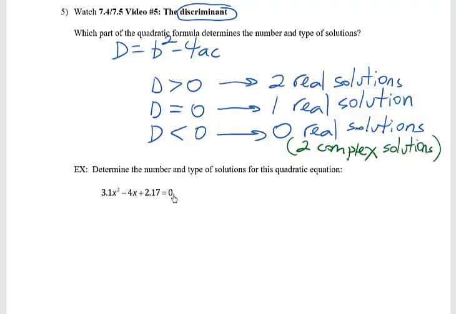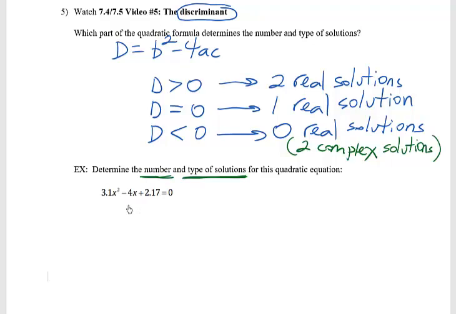The discriminant basically gives you a way to know what kind of answers and how many answers you're going to get without actually having to find the answers. So if you take a look at this sample problem, it says don't actually solve the equation. Just figure out how many answers you're going to get and what type they're going to be.